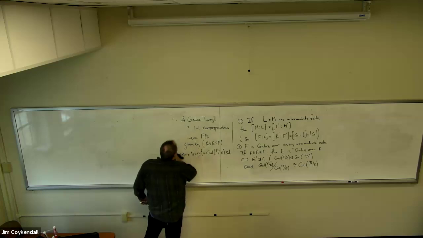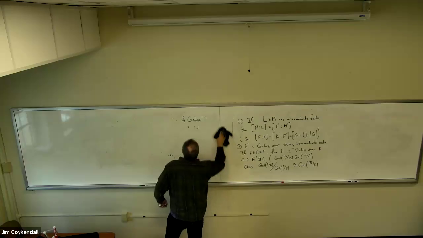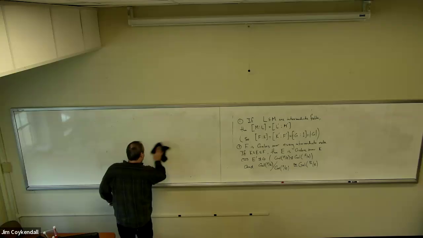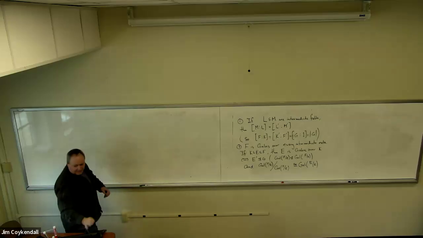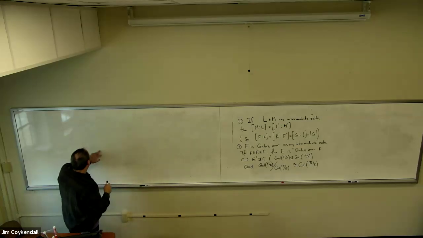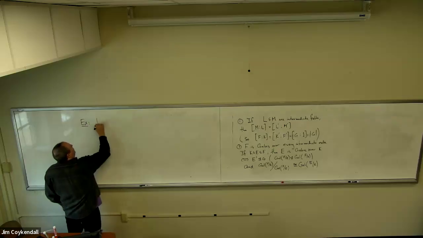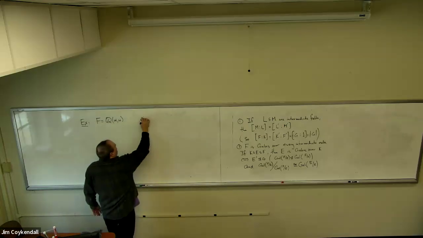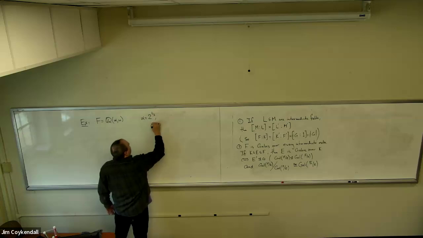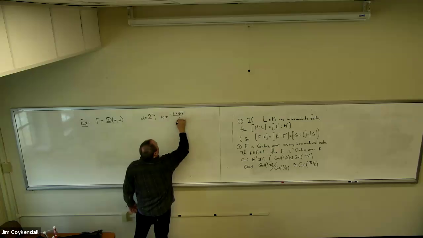If we look back at our example from earlier, here I'm going to let F be Q(alpha, omega), where alpha is the real cube root of 2, and omega is a primitive cube root of unity.